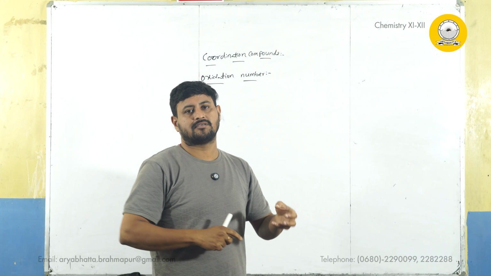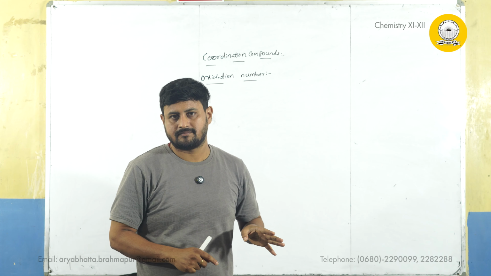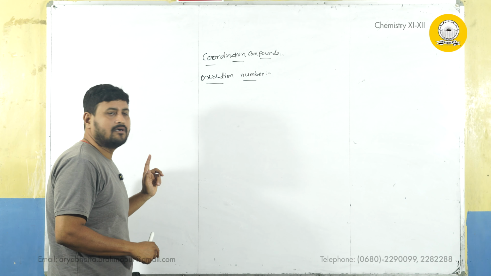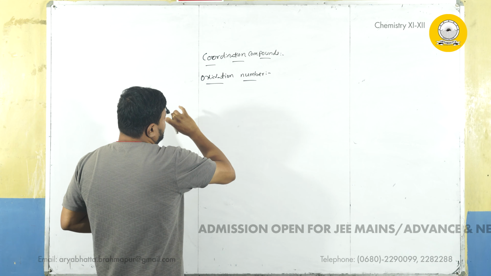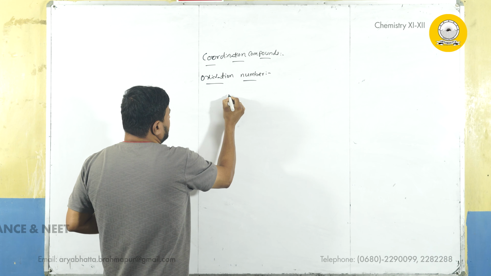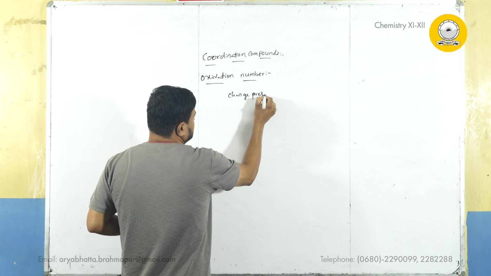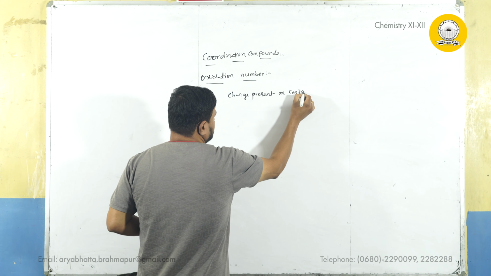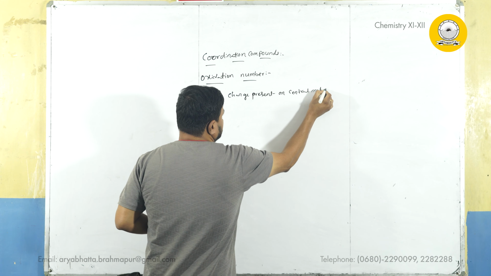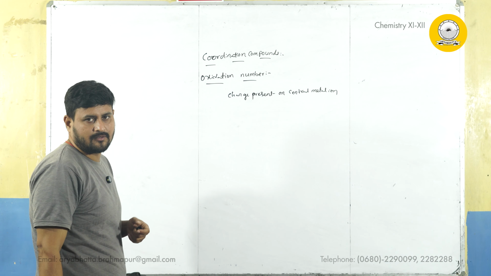In future classes and concepts, the oxidation number is very important. What is oxidation number? The oxidation number is the charge present on the central metal ion.